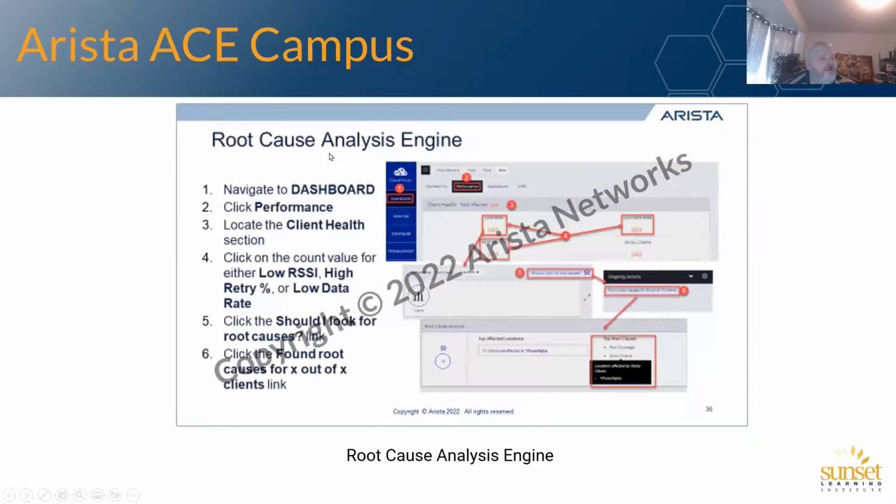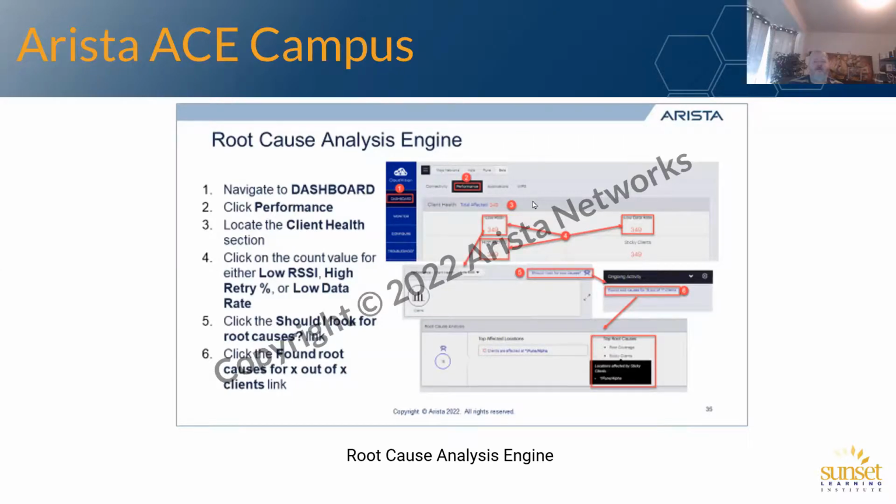Root cause analysis engine. Another thing that I really liked about this with Arista was not only are we going to show you if a client's facing issues, but we're going to give you suggestions of what might possibly be causing those issues. I've been doing Wi-Fi forever.